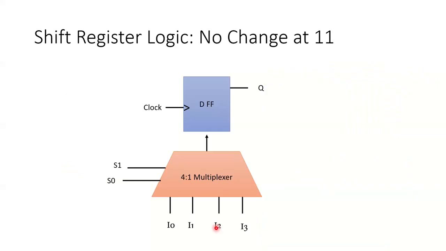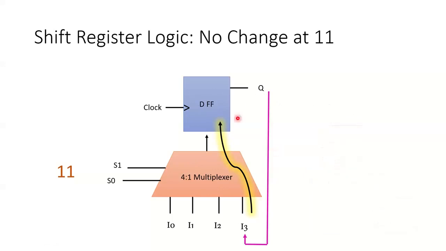Okay. Alright, the last operation, which is no change, is very simple. All you want to do is make sure that the output of this flip-flop stays the same even after the clock when I give 1, 1 over here. So I take that output and connect it to input 3, so that whenever I give 1, 1 in the select lines, my same flip-flop output goes back into the D flip-flop, and it's refreshing at every clock, but the value is staying the same because I'm feeding my flip-flop with the same data.